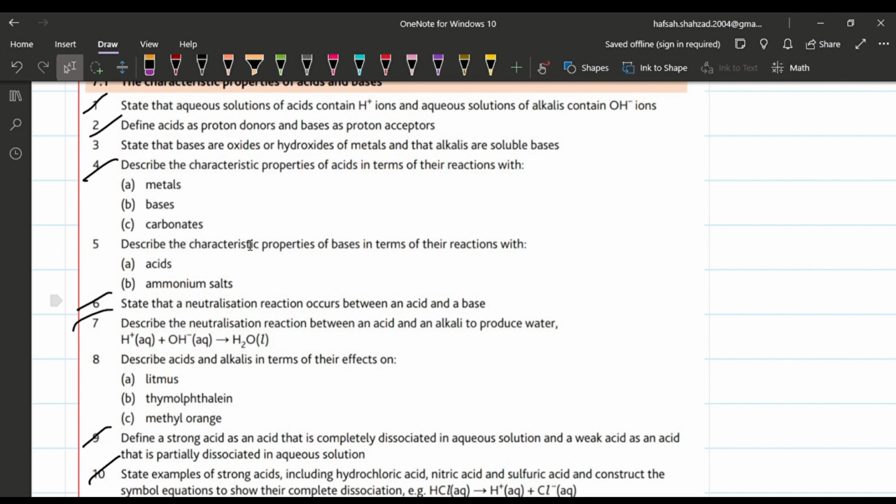Precipitation reactions are a part of salts and not this particular section for the matter. So we have done 3, because their bases are oxides or hydroxides of metals, and the alkalis are soluble bases or soluble hydroxides.